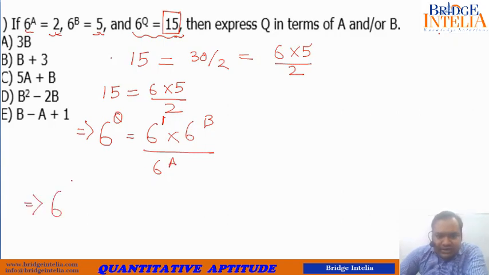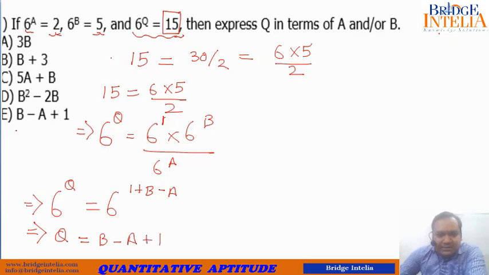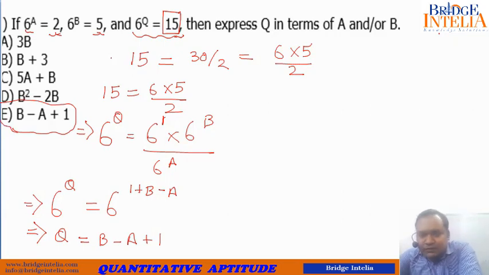You can conclude that 6 to the power q is equal to 6 to the power 1 plus b, and since this is division, in terms of power it will turn out to be subtraction. So q must be equal to b minus a plus 1. So this option is the correct one. So now let's move further.